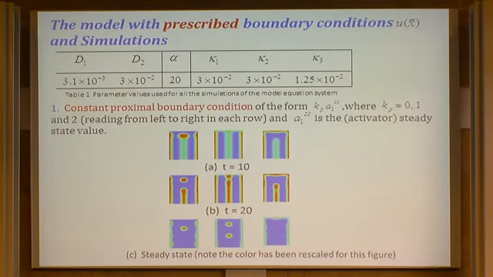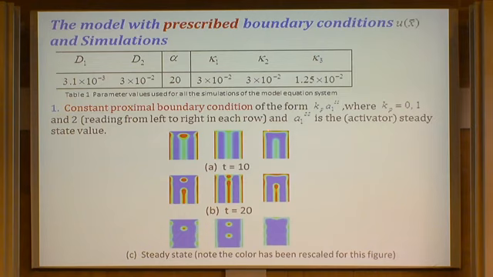The first one is the model with prescribed boundary condition u(x), simulation, and the parameter values, which we adapted from previous work. The first case is the constant proximal boundary condition. This is a constant value here.